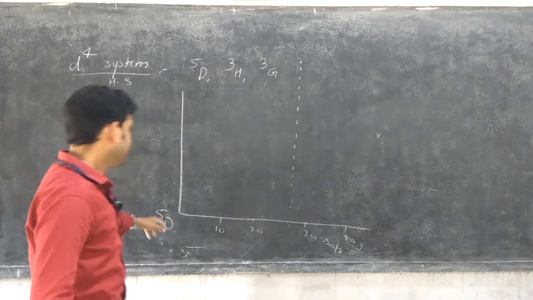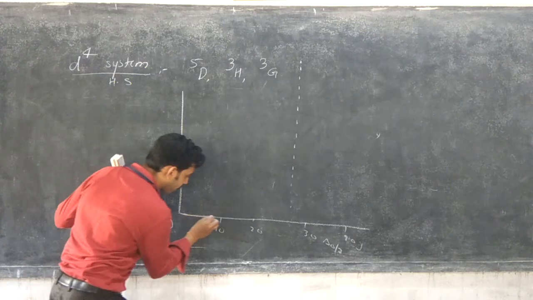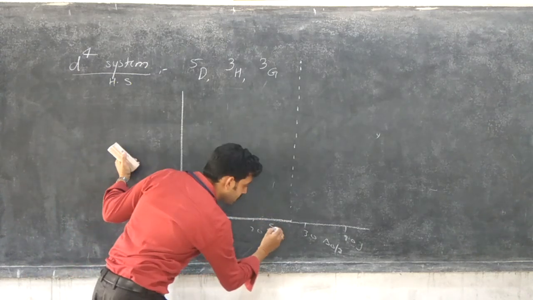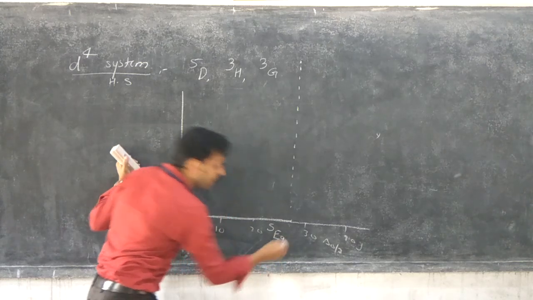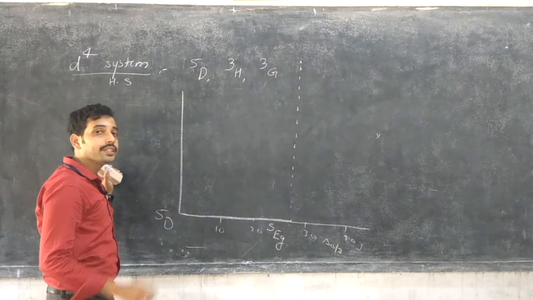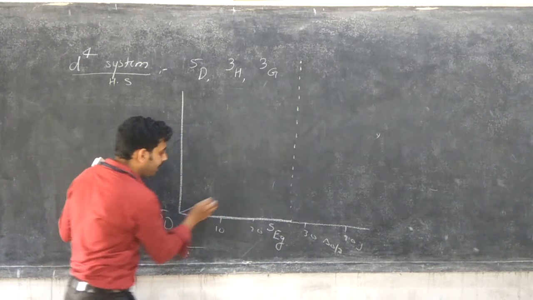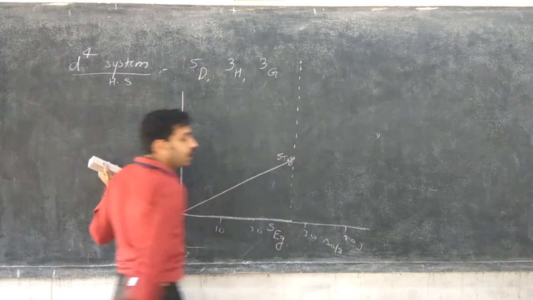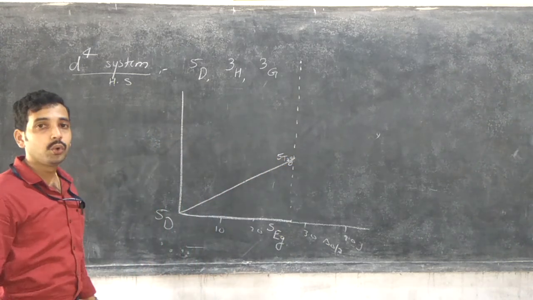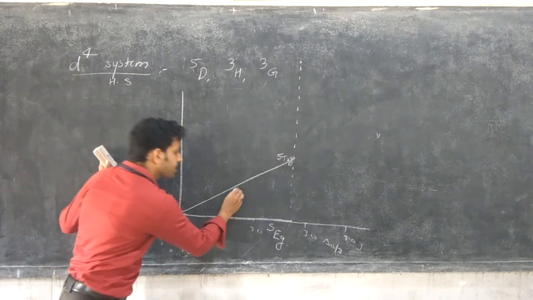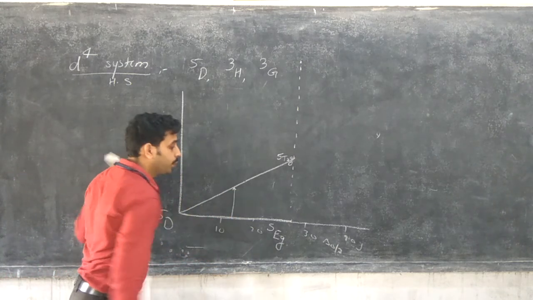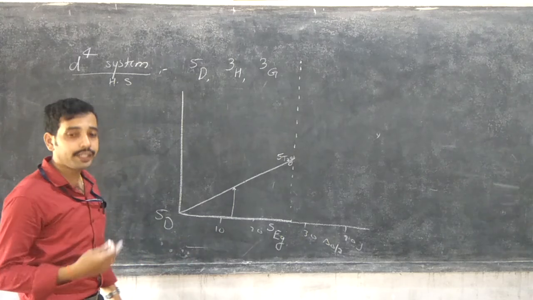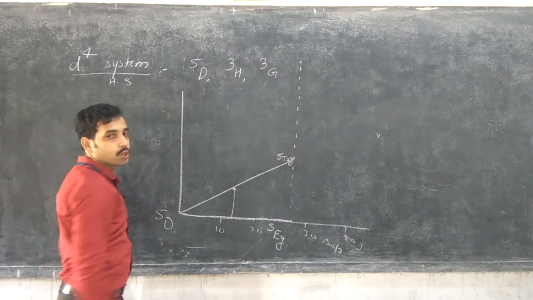That's why in the lowest energy, 5 is the spin multiplicity, therefore 5EG is in the lower energy level, and the next energy level should be 5T2G, that is the high spin complex. There is only one transitional line, due to 5EG to 5T2G, and the other Russell-Sanders term, 3H, should be considered.